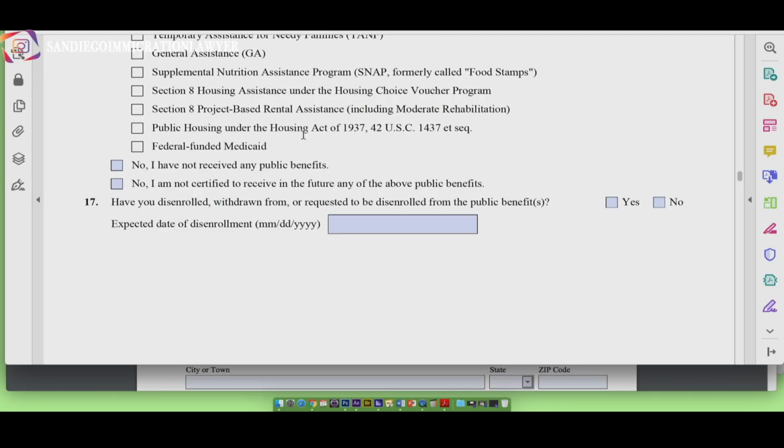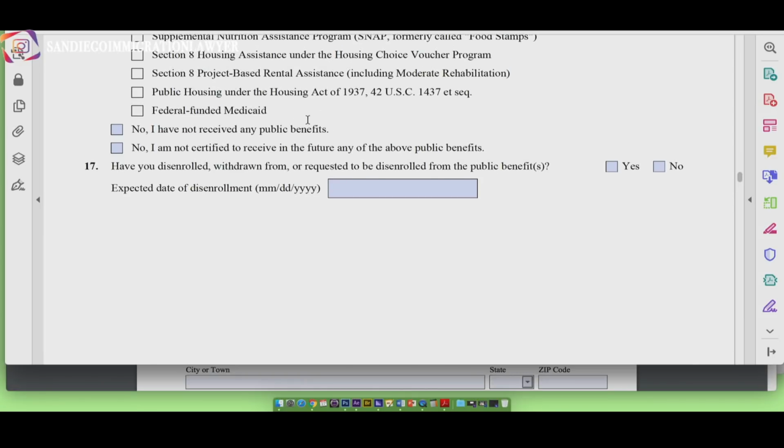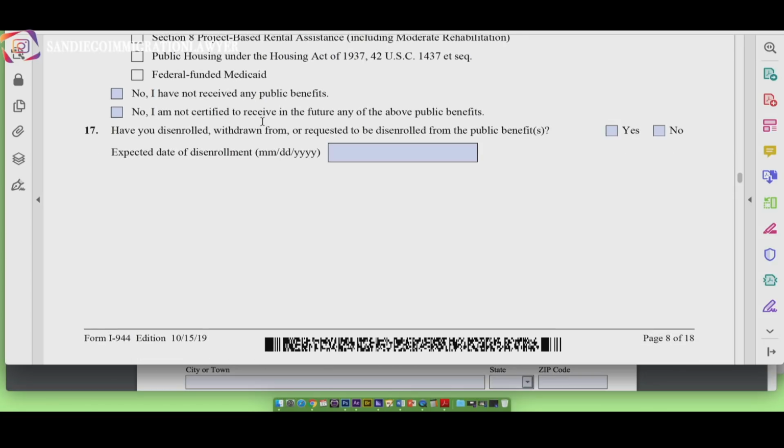So public housing would be like housing projects where it's income-based, and I believe that almost every city is required to have some type of public housing that they can provide to low-income families, so you have to be really careful. Federally funded Medicaid. And if you have not received any public benefits, great.